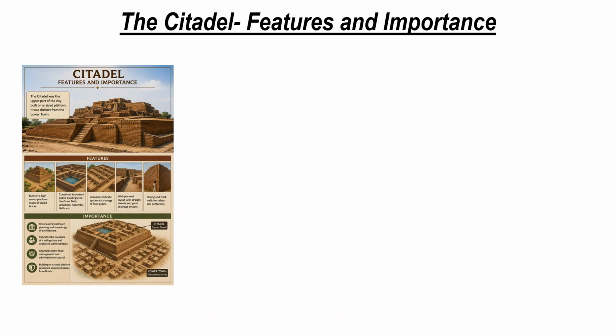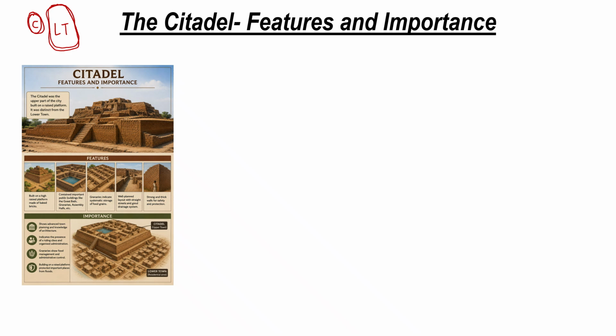Now, if we look at the map of every Harappan city, we will find a structure like this from above. So this was the citadel, and the lower town was just beside it like this. So this was the lower town. The lower town was the place where the common people used to live, and the citadel was the place where the important people or the high class people used to live.